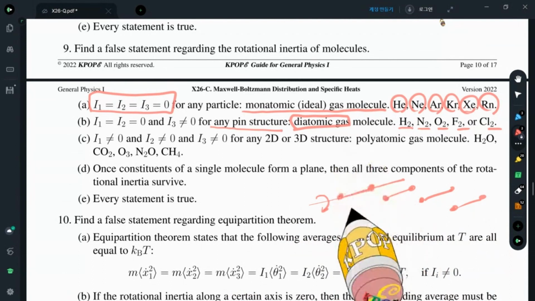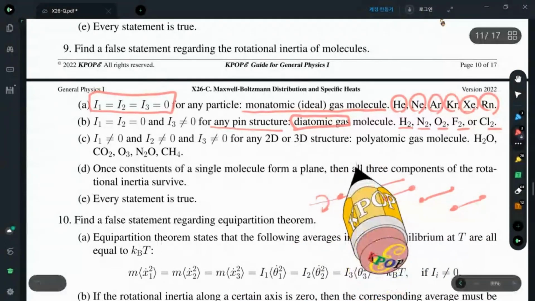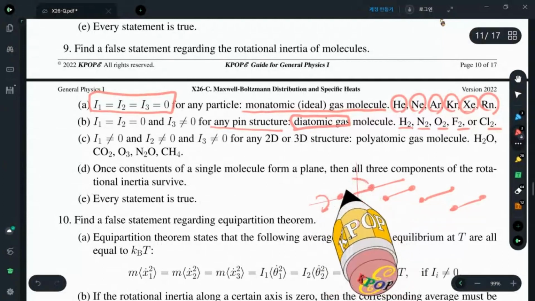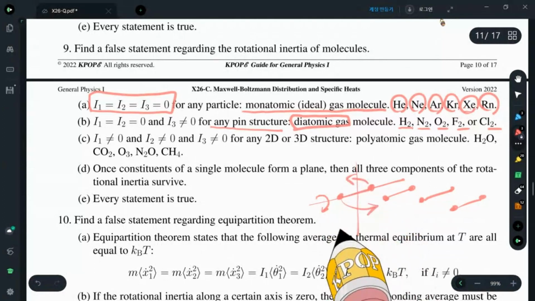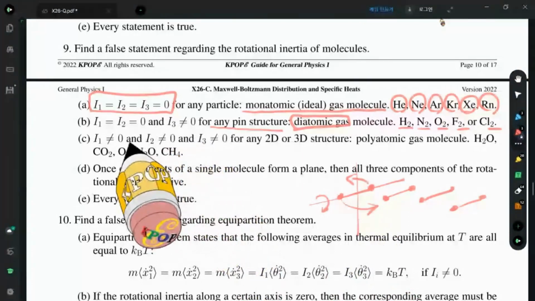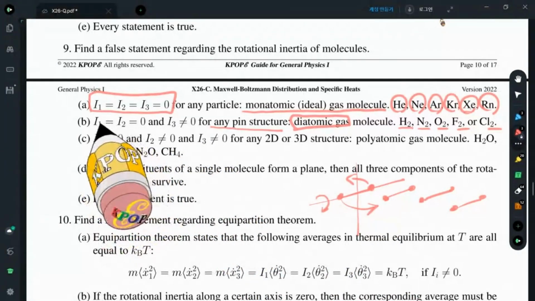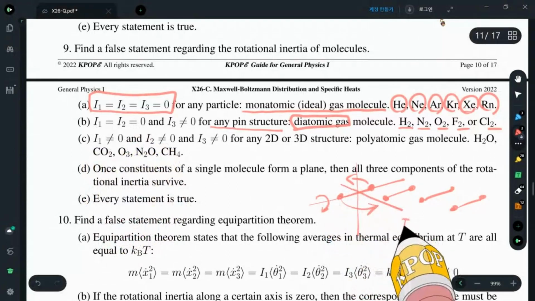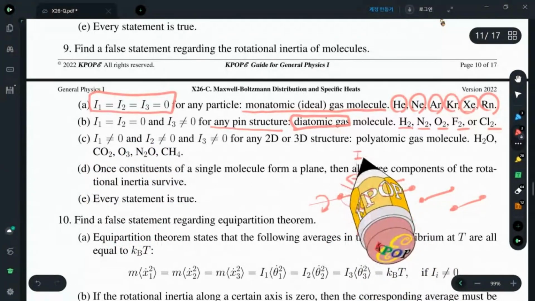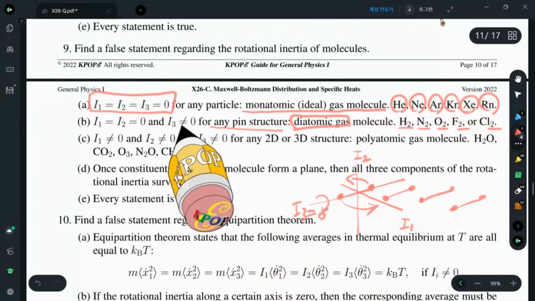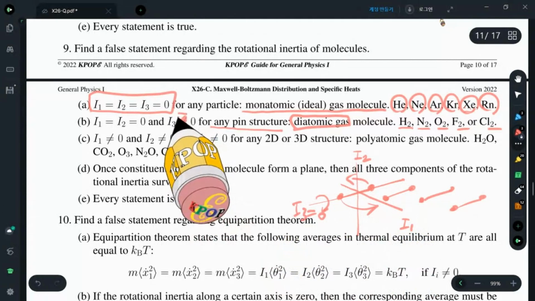However, if you rotate this one about this axis, it has non-vanishing rotational inertia. I1, I2, they are the same. Here, another axis, I3. So I3 must be 0.